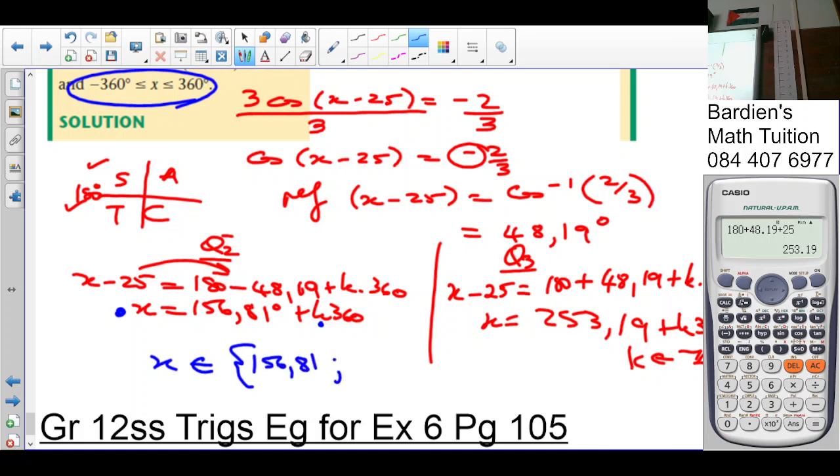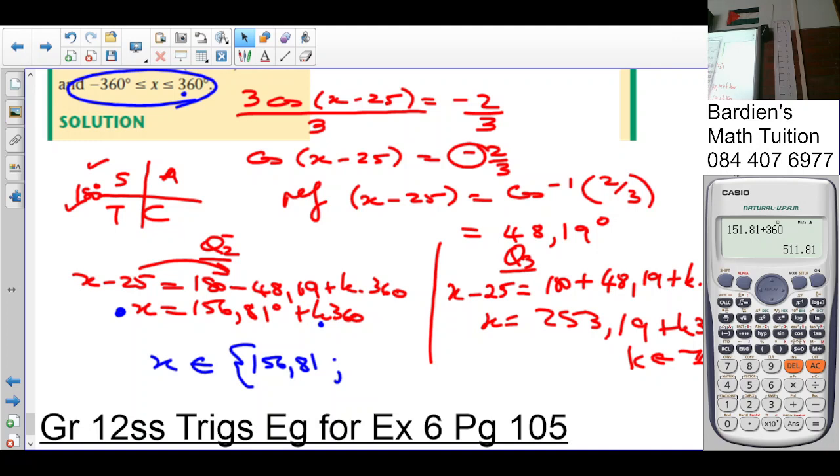If k is now 1, then of course it's going to be over 360 degrees. Can you see that, people? Because 156,81 plus 1 times 360 will give you an answer of 516,81. So you can see it's outside. So if 1 doesn't work, am I going to try 2 and 3 and so on?